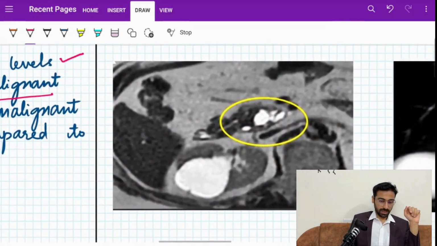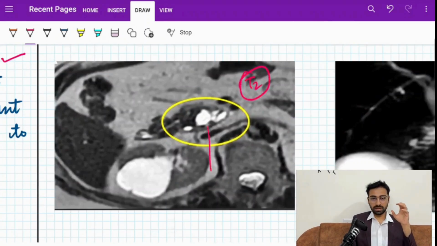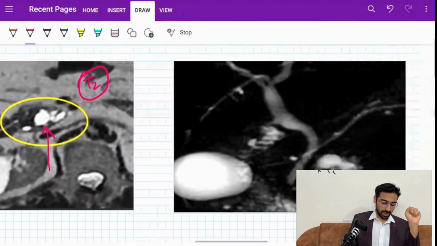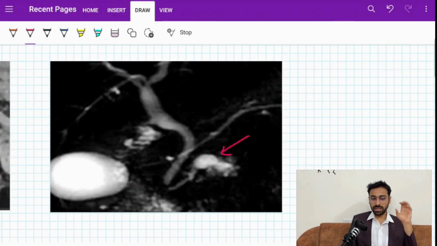So coming to images, this is a classical T2 weighted image where we can see that the uncinate process is involved by this multicystic lesion that is showing bunch of grape appearance. On MRCP, we can see that this is communicating with the accessory pancreatic duct. Now, this was actually a very interesting case that we encountered.